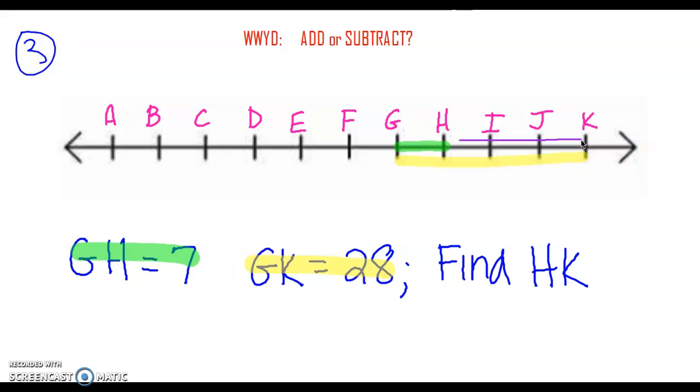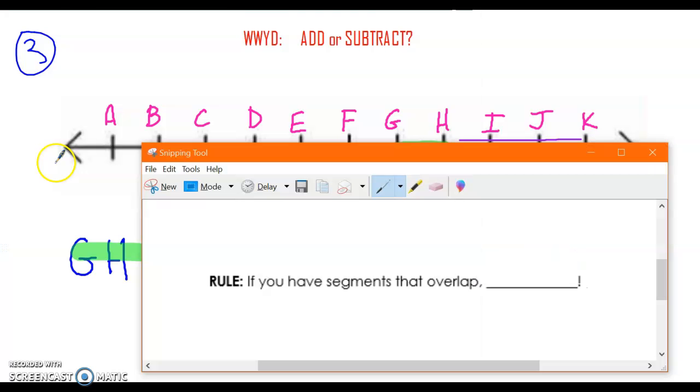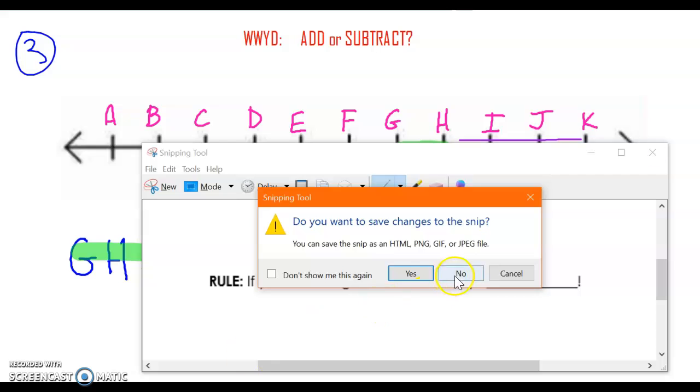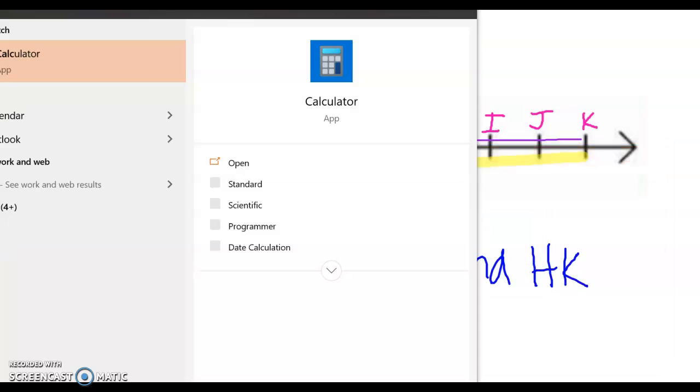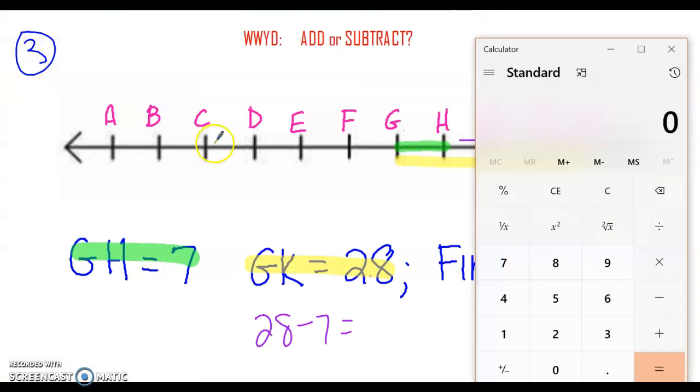Now, when you subtract, it is more logical to subtract the bigger one minus the smaller one so that your answer remains positive. However, if you happen to do it the other way and you work left to right, oh, I didn't even grab the tool there. Grab my calculator. 28 minus 7 gives you the answer of 21.